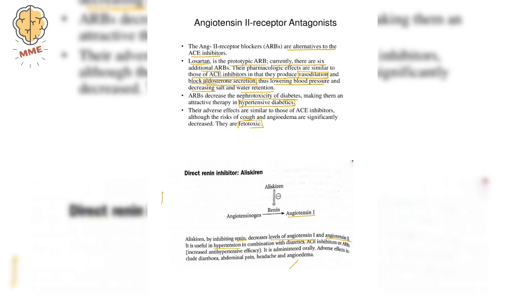It is useful in hypertension in combination with diuretics, ACE inhibitors or ARBs, which increases antihypertensive efficacy. It is administered orally. Adverse effects include diarrhea, abdominal pain, headache, and angioedema. I would like you to remember mainly the adverse effects of angiotensin receptor blockers.